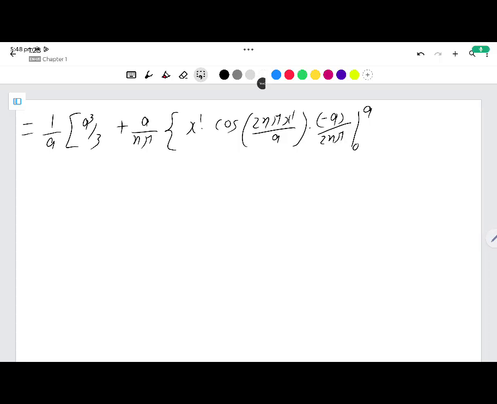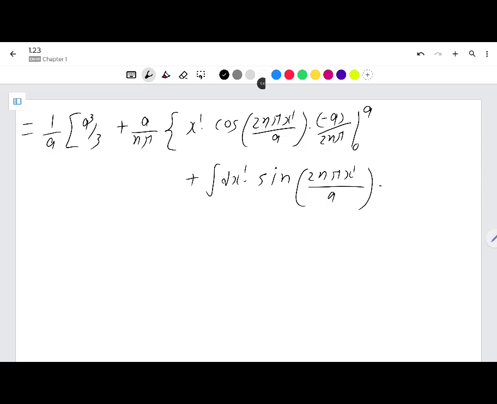The minus differential will be x prime, and the remaining part is the integration of cosine, which will give us sine again here.